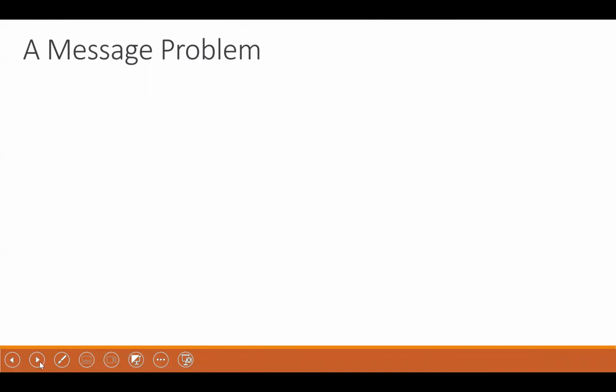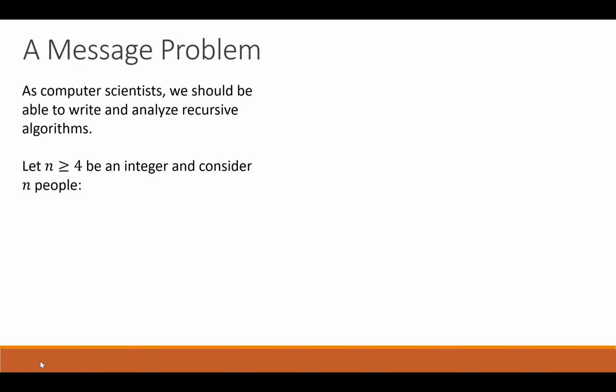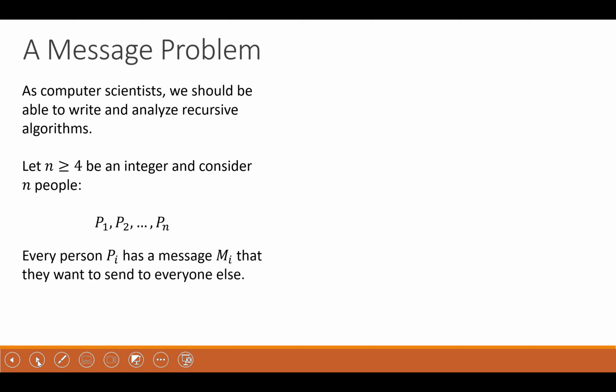We're going to start with a problem. If you read the textbook, this is called the gossiping problem. I just changed the context a little to the message problem. Let n be an integer that's at least 4, and we will consider n people at their computer terminals. Every person, Pi, has a message Mi that they want to send to everybody else.